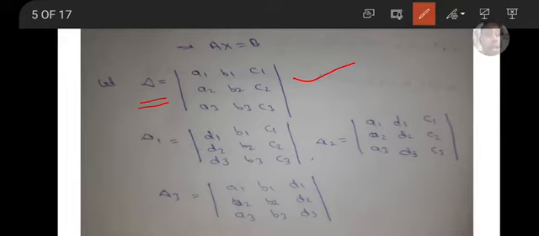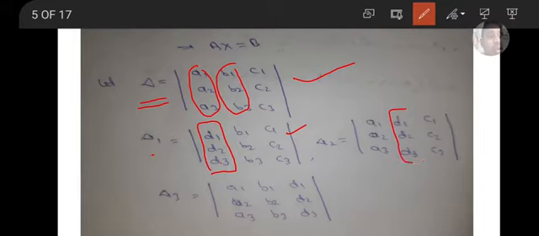Delta 1 means we have to remove the first column and replace it with the constant matrix d1 d2 d3. Remaining are the same, b1 b2 b3, c1 c2 c3. It is delta 1. And next delta 2: remove the second column and replace with d1 d2 d3. Remaining are the same, that is a1 a2 a3, d1 d2 d3, c1 c2 c3.